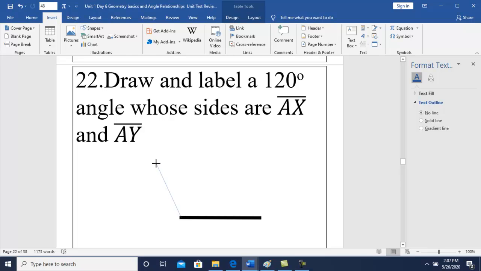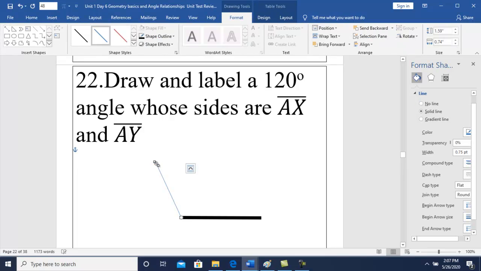And for 120 degrees, again, you need a protractor. I'm going to scoot over a little bit. I think that will do it. Okay, and darken it so we can see it.